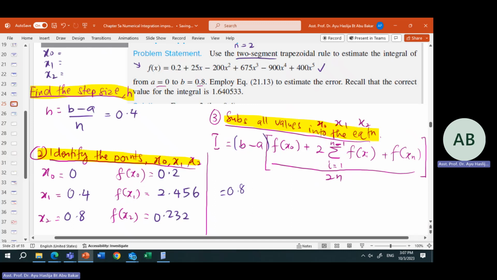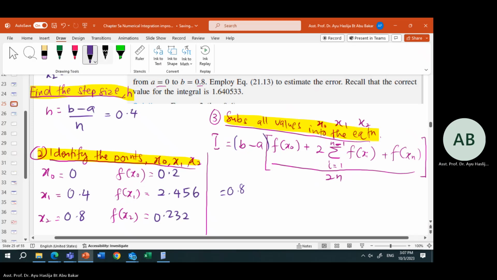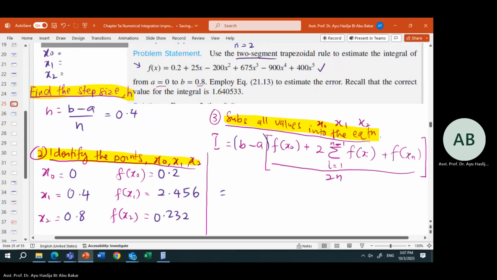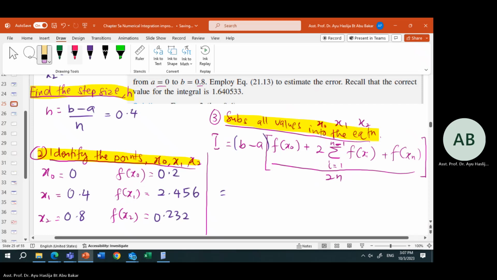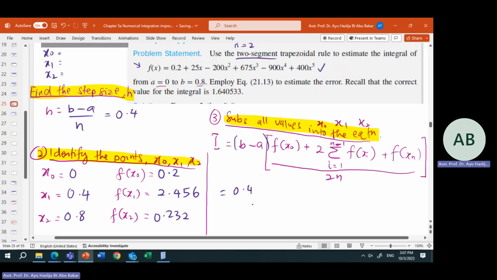Here, instead of substituting b minus a, you can straight away substitute your h, which is 0.4. It's up to you which value to substitute. This one, inside here, just divide by 2.